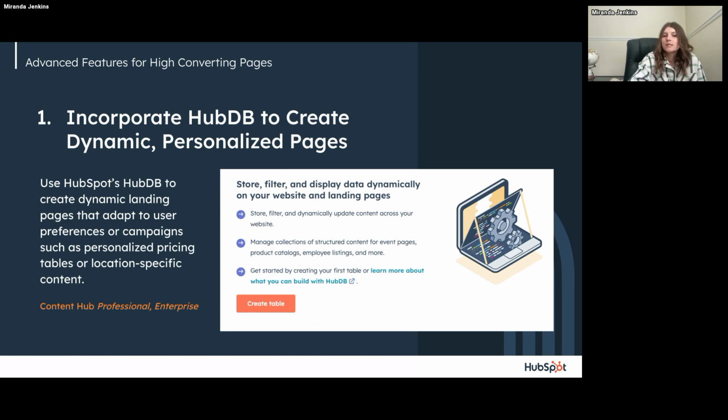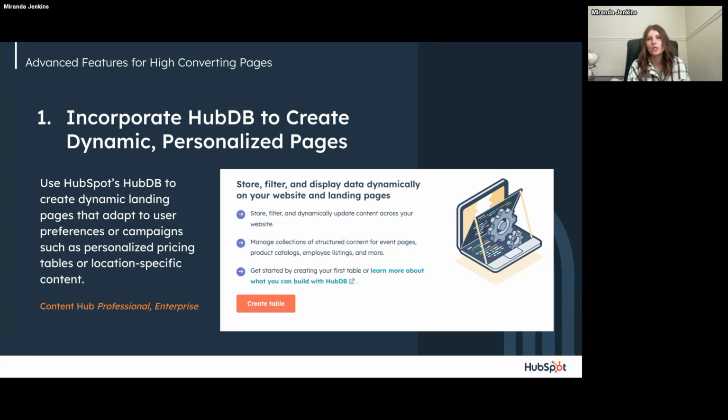First is HubDB, which is a way to create a dynamic and personalized page. So HubDB is essentially a database table that stores information on the back end of HubSpot like a spreadsheet, but then the data can be embedded and styled on your landing page, and it updates dynamically.